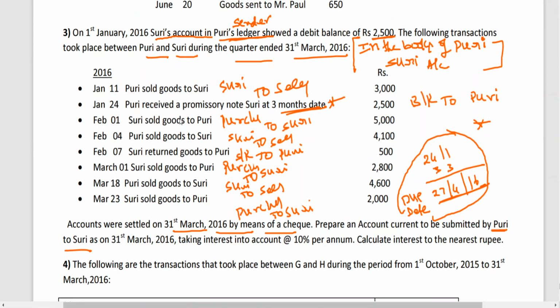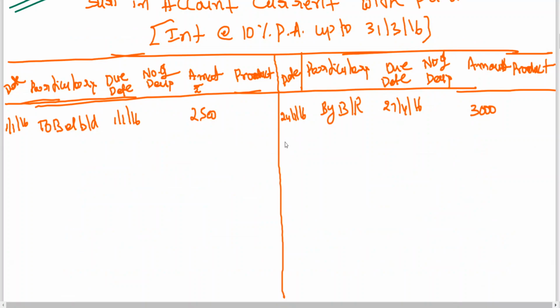Then next, Suri sold goods to Puri. That is Puri is buying entry. Purchases to Suri, February 1st. By purchases. If the date is not given, we'll be taking the transaction date as the due date.